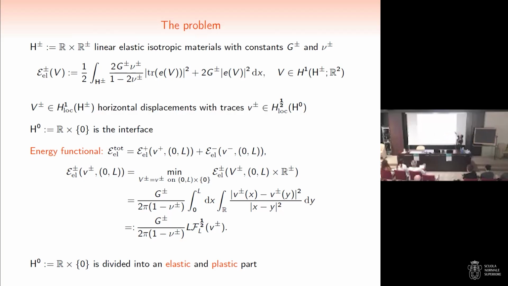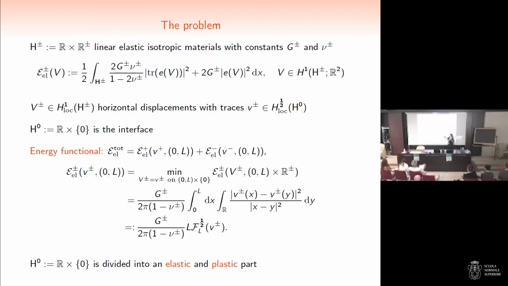Let me stress that there is a difference between the first formula and the last one, because in the first formula I consider the integral over the whole H plus, or H minus, that is R times either R plus or R minus. But as I told you, I wanted to see a periodic trace. So if I compute the energy on the whole R, I would have an infinite energy.